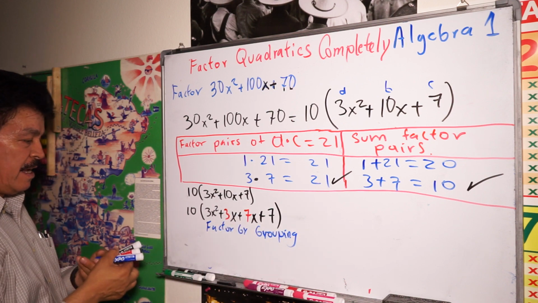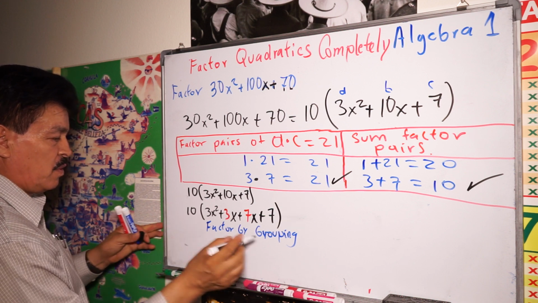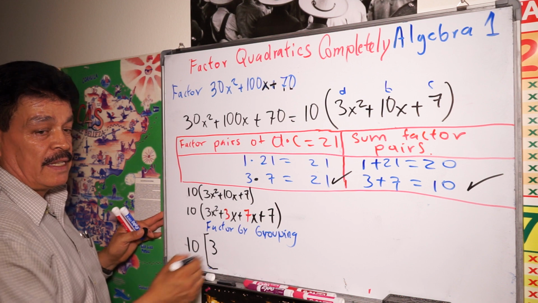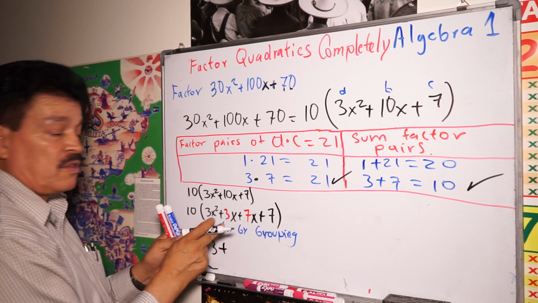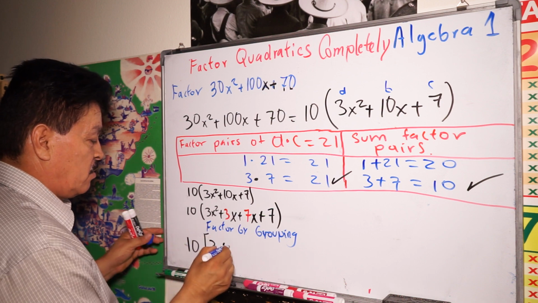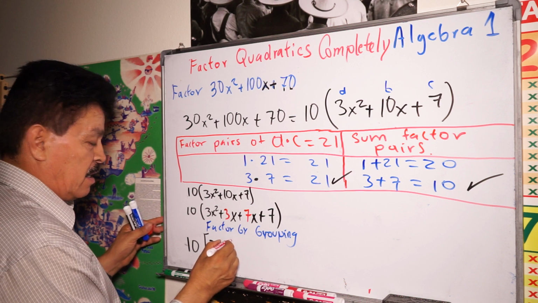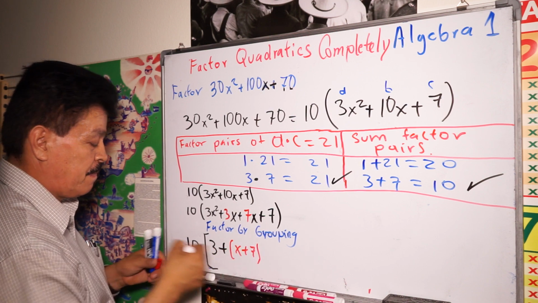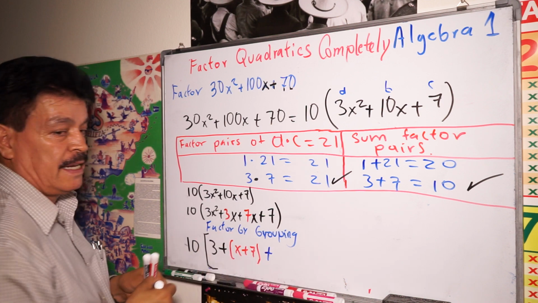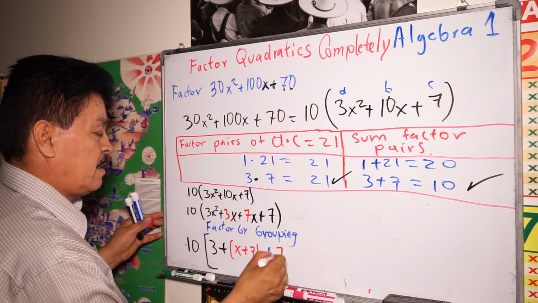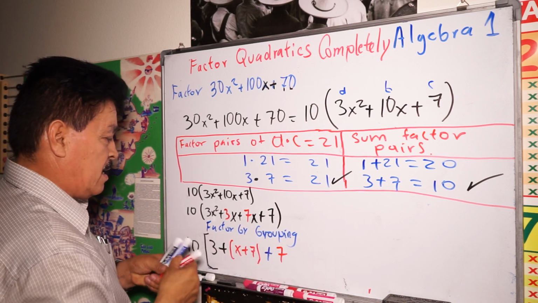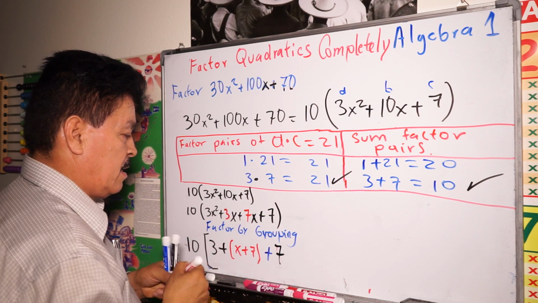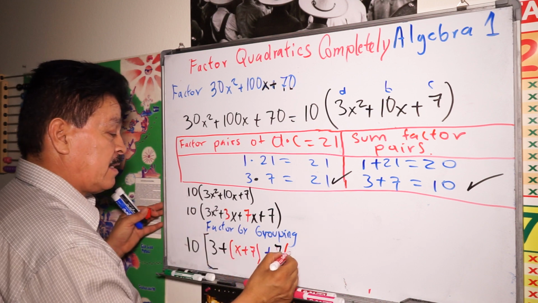That's what I did. And then you have the 10 here, open the parentheses, times 3x plus, and you see the factors here: x plus 1. Then plus 7 times x plus 1.